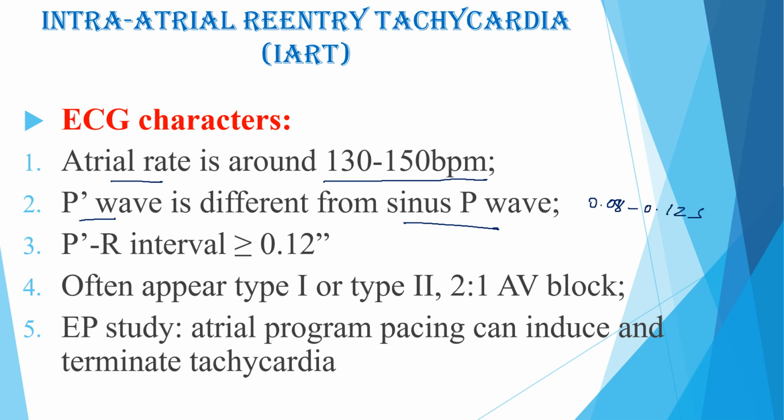The PR interval will be more than or equal to 0.12 seconds. Type 1 or type 2, 2:1 AV block often appears. Electrophysiological study shows atrial programmed pacing can induce and terminate the tachycardia.